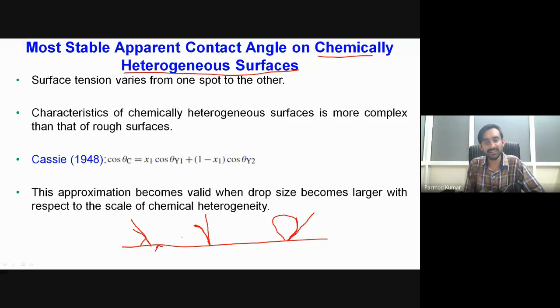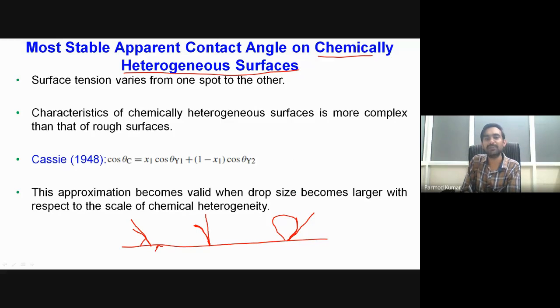So over here, you can see that we are having a single surface, and along the length of this surface we have different chemical characteristics, which are changing the contact angle dynamics when we have a fixed liquid and fluid combination. Okay, so this type of surface is referred to as a chemically heterogeneous surface.